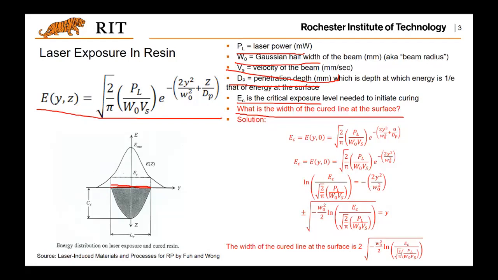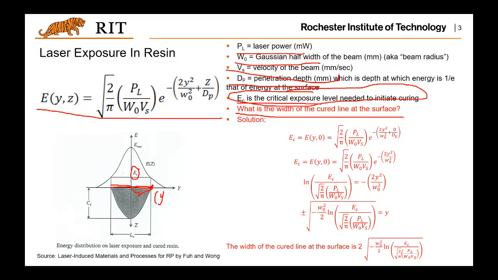At this point, the laser exposure is exactly EC, which is known, right? And what is the coordinate at this point? This is the y coordinate.